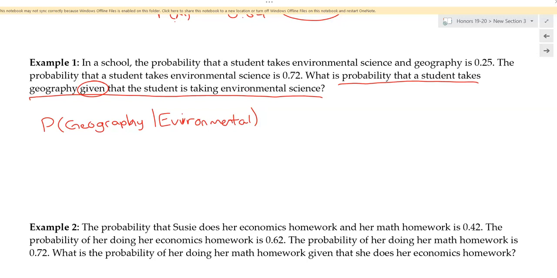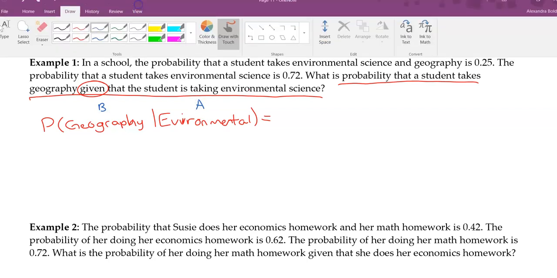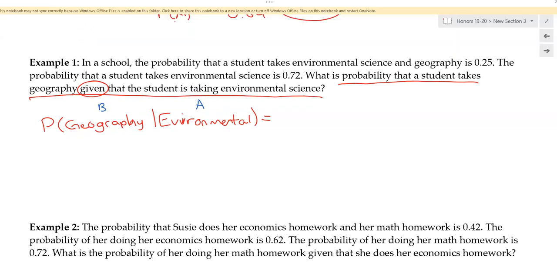I'm not going to write student takes geography given student takes environmental science. That's too much. So I could even do geo, envir, it's okay to abbreviate all your things. So this is what we're finding. That means this is B and this is A. So it's important to know which one's B and which one's A.